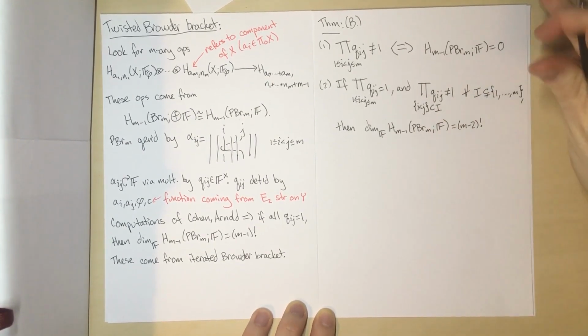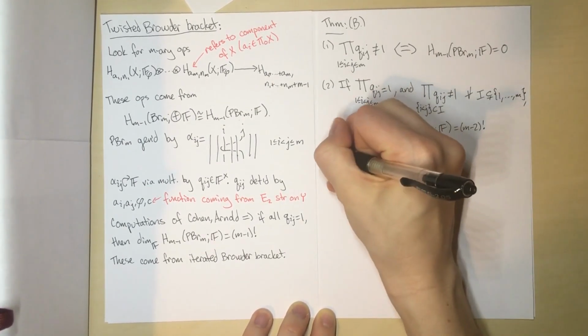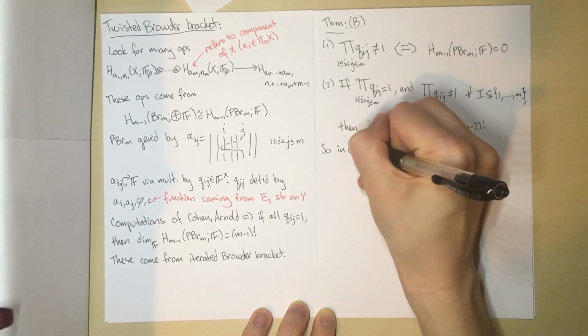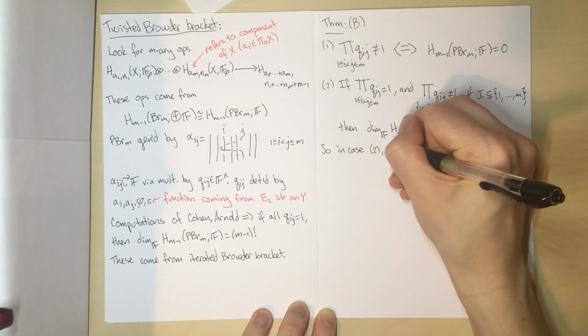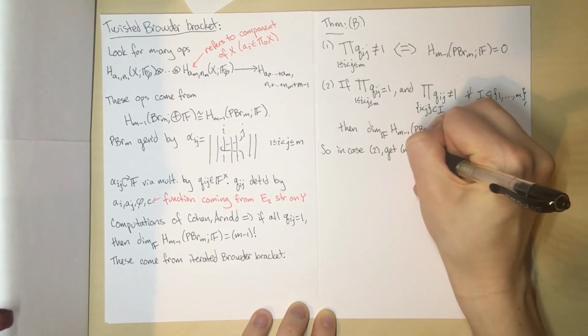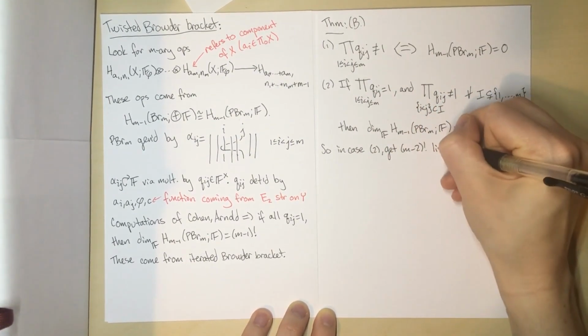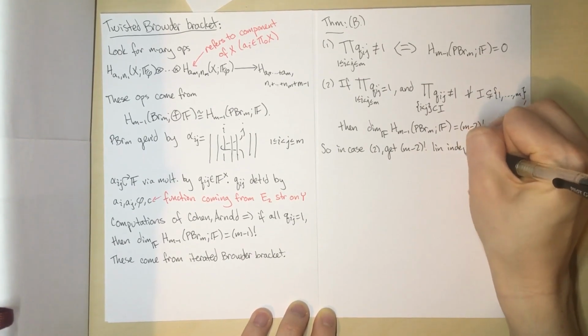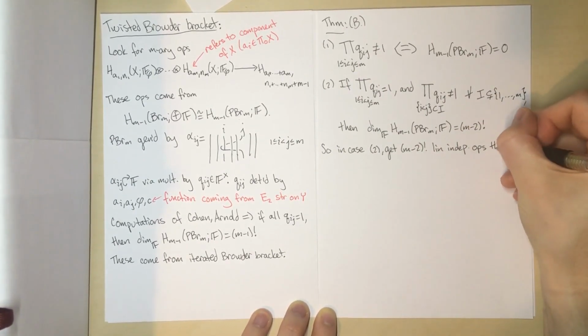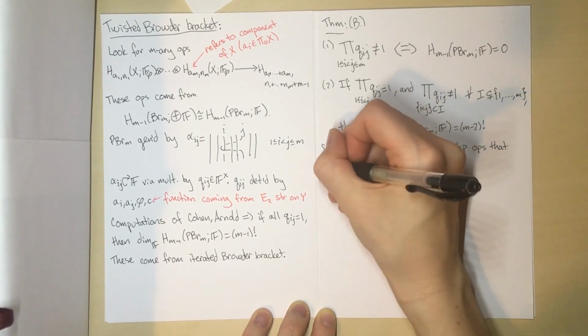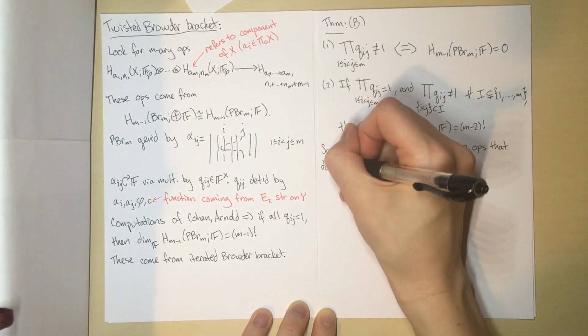So in particular, in this second case, which I'll just comment, there are examples where this actually arises, we get (m minus 2) factorial linearly independent operations. And what's noteworthy about these operations is that they don't decompose into operations of lower arity.